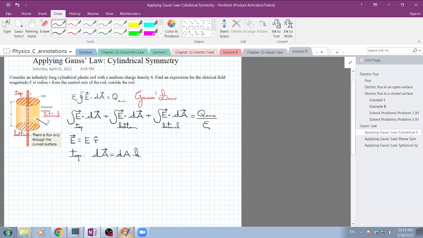The bottom one is going to be in the negative k direction, and for the lateral one, this is going to be radial.